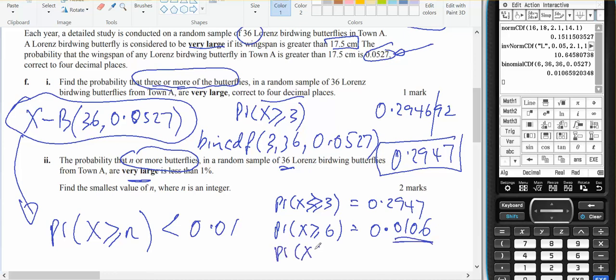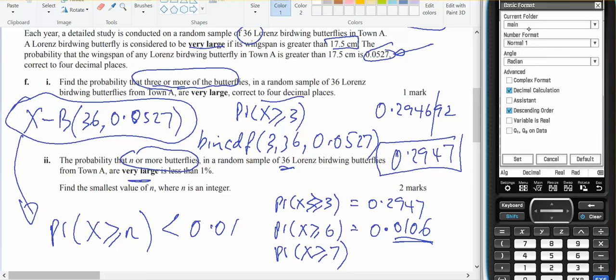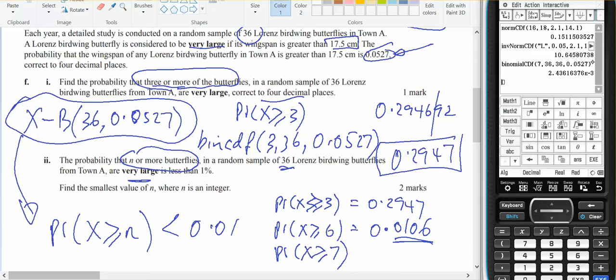Maybe it's actually bigger than or equal to 7. Go back up here and change that to 7. I don't like that mode, so I might change my mode to Normal 2. Normal 2 doesn't have scientific notation. 0.02, so that's lower than 1%.